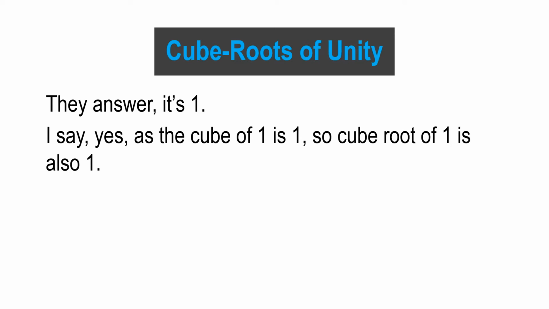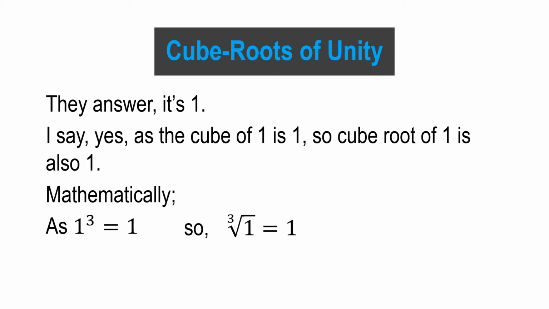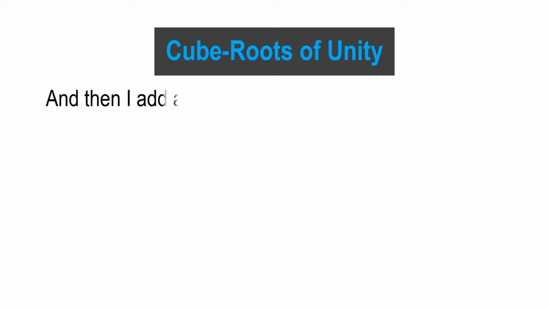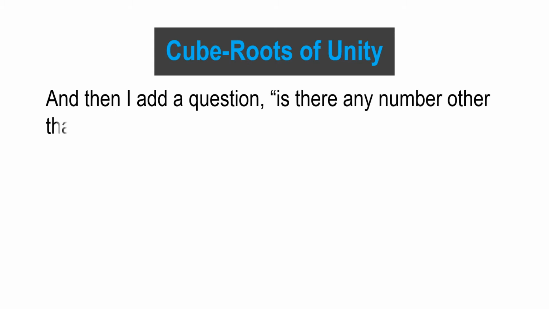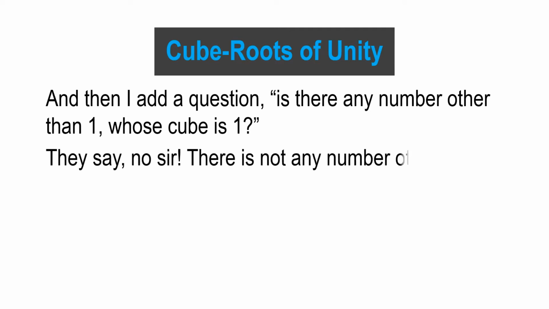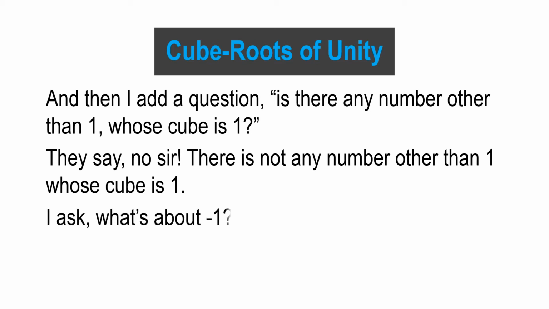I say yes, as the cube of 1 is 1, so cube root of 1 is also 1. Mathematically, as 1 cubed is equal to 1, so cube root of 1 is 1. And then I add a question, is there any number other than 1 whose cube is 1? They say, no sir, there is not any number other than 1 whose cube is 1.